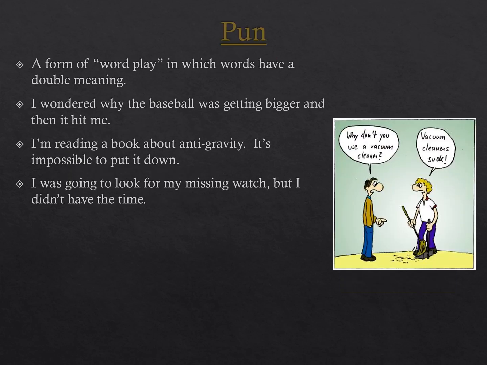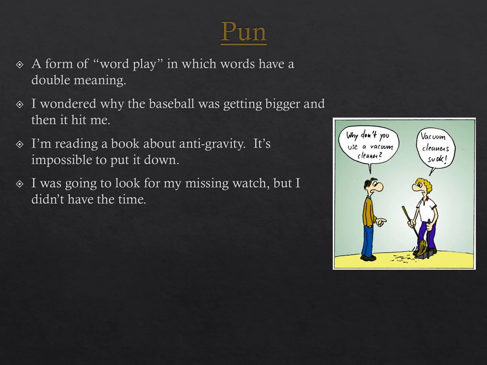Now let's also have pun. Pun is a form of wordplay in which words have a double meaning. Examples: I wondered why the baseball was getting bigger, and then it hit me. I'm reading a book about anti-gravity. It's impossible to put it down.